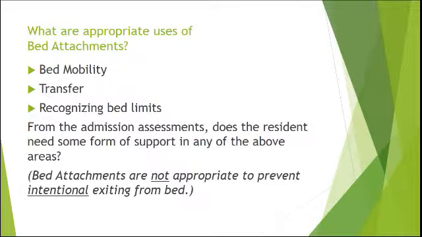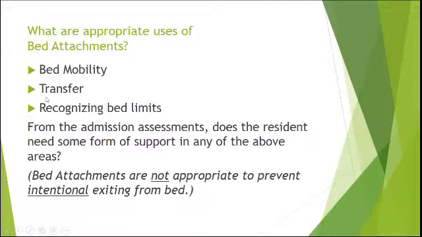A full side rail or a center positioned half side rail could restrain the resident in bed, but we know, before we even go any further with this morning's talk, that those kinds of uses of side rails and other attachments have tremendous risk associated with it.